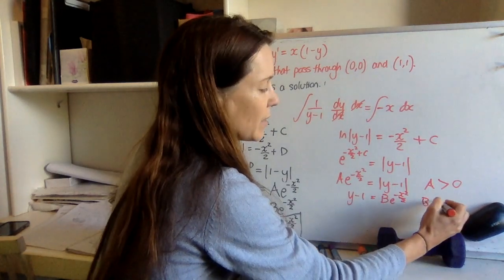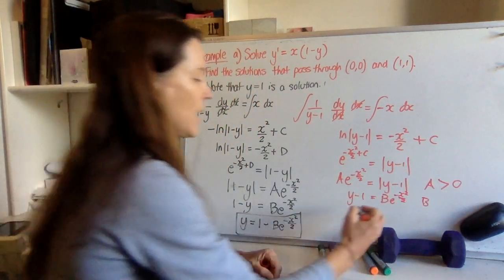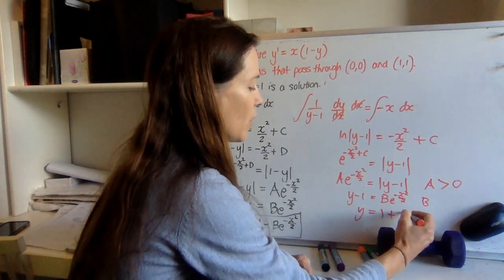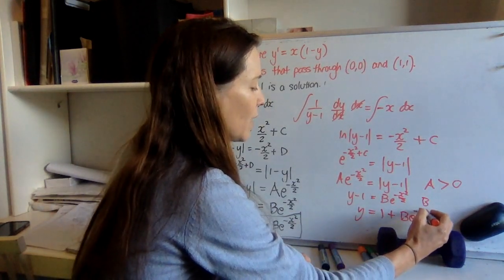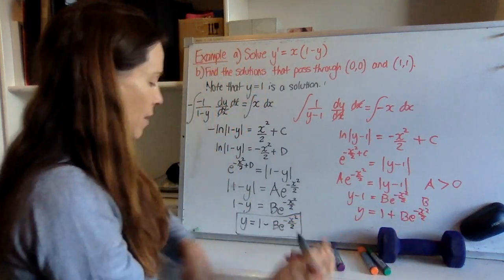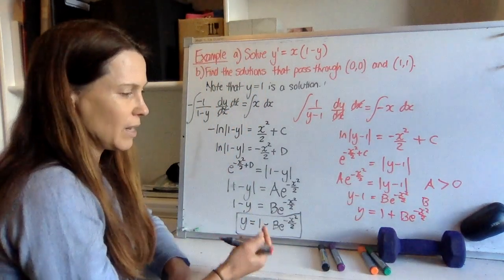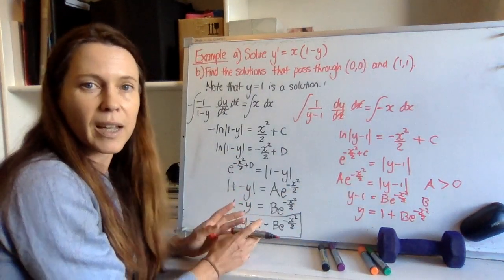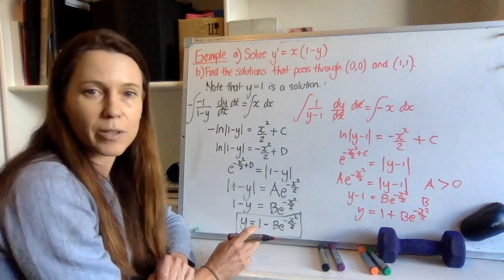So b is any real number. We would write that out. And now to finish up, we would have added 1 to both sides. So our formula would have looked a little bit different. 1 plus b, e to the something or other. Over here we had 1 minus b. Now, does that matter? If someone beside you's done this working and you've done this working, are you going to get the same particular solutions?